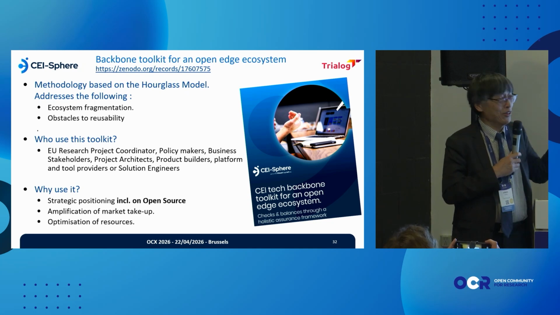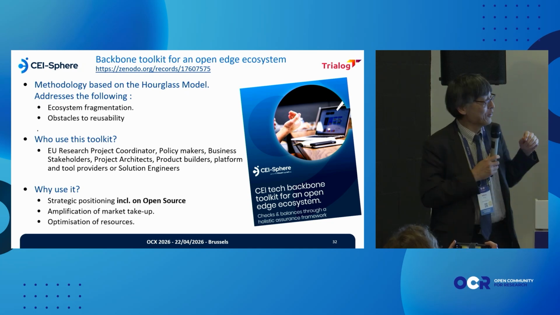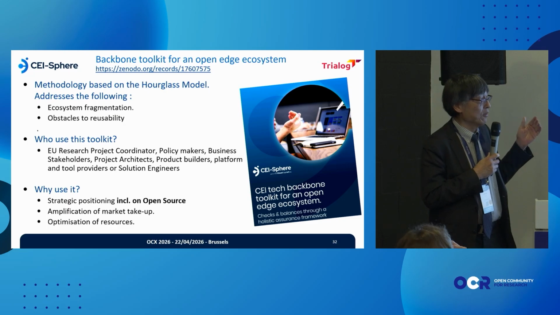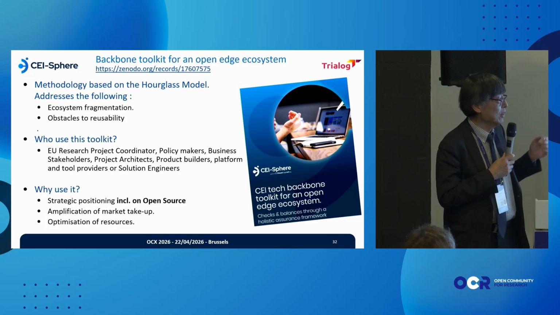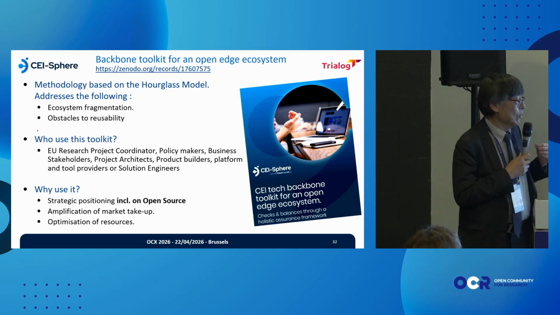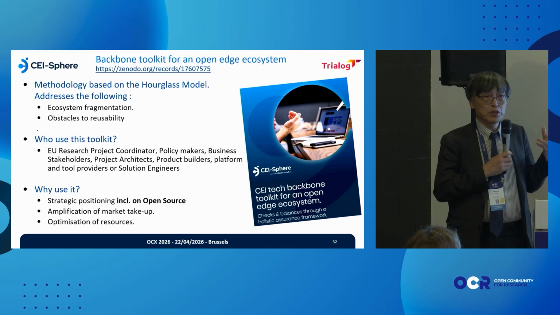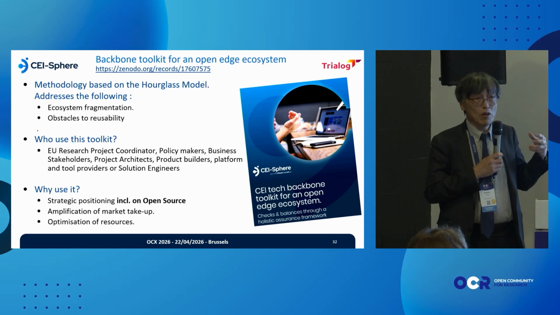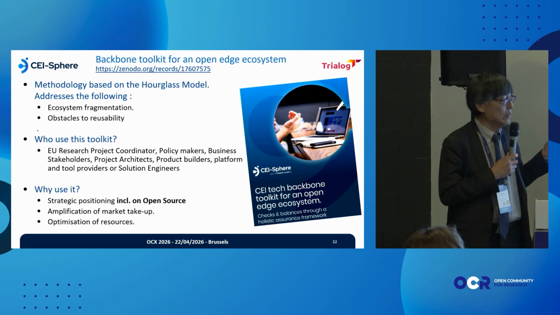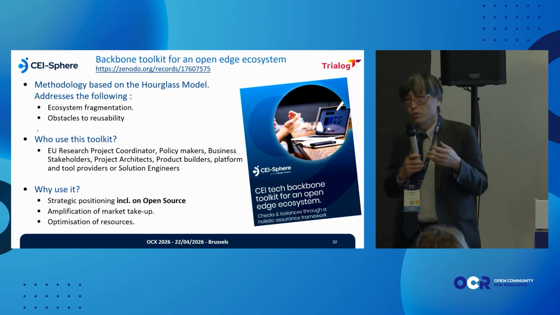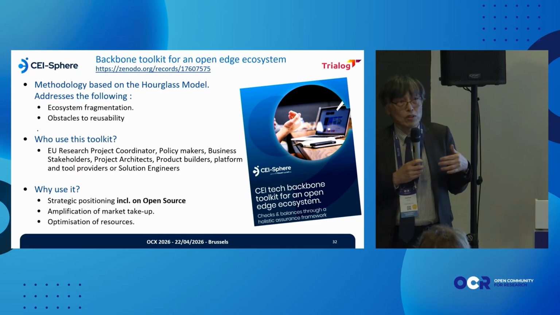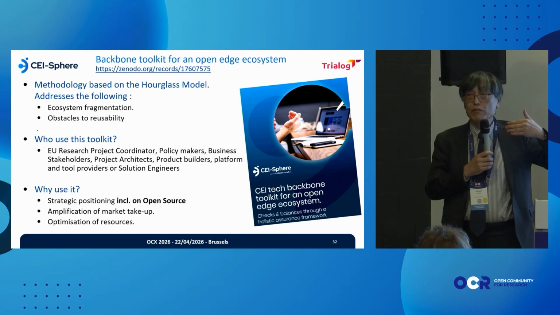We start with the EU Research Project Coordinator. He has a good idea, but then we have the other people, the policymakers, and so forth. So we want this to allow us to have a strategic positioning of the ecosystem, of what the project is providing, and what it is we want to do in terms of open source, so that we reuse and we have an impact.